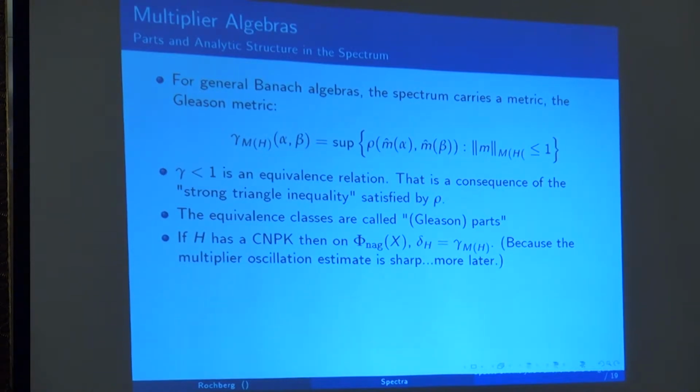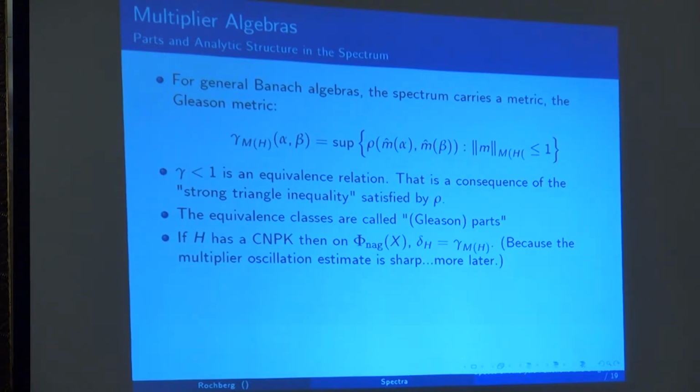And the other thing we wanted to note is that NAG should be NAT. This natural mapping of X into the maximal ideal space: X already had a metric. It had the metric that came from the Hilbert space, the metric delta sub H. It now has this Gleason metric, gamma sub M of H. And they're the same.